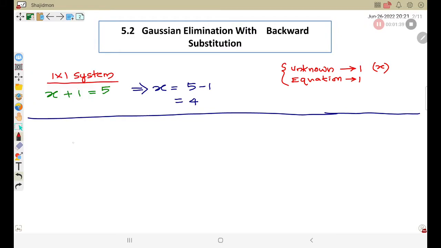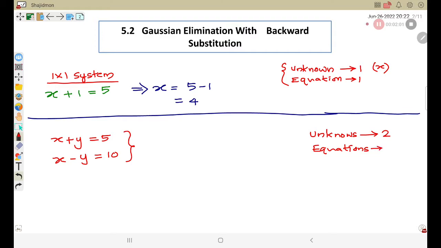Now for example, if we have a system like x plus 5y equal to 5 and x minus y equal to 10, something like this. Here we have two unknowns, x and y, and two equations.